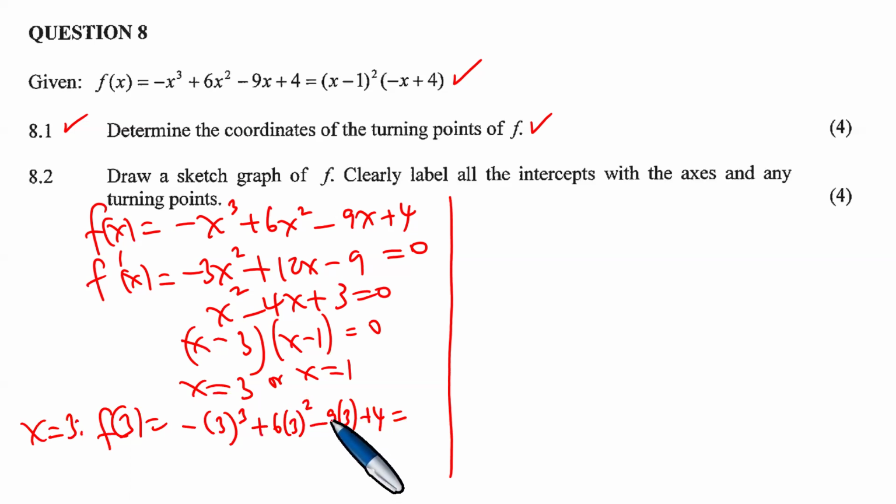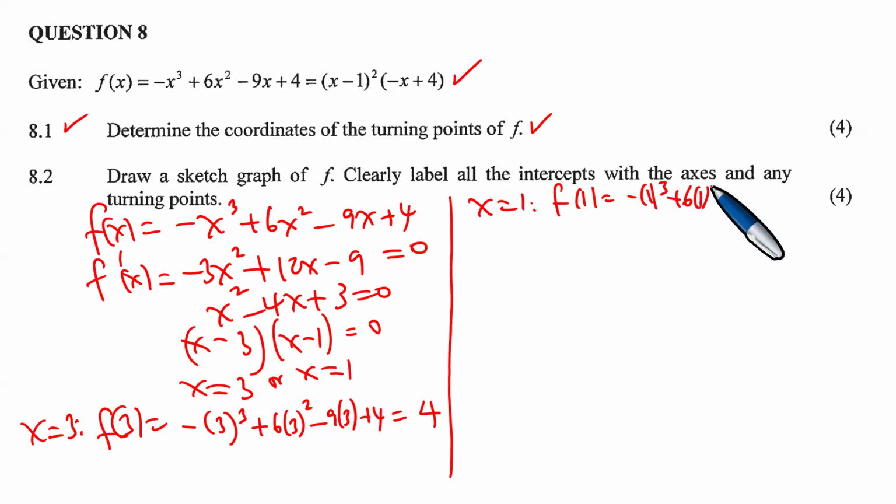And what is the result? The result is 4. And then here you have x equals 1, which means f of 1 is equal to minus 1 cubed plus 6 times 1 squared minus 9 times 1 plus 4. The result is exactly 0, meaning f of 1 is 0.